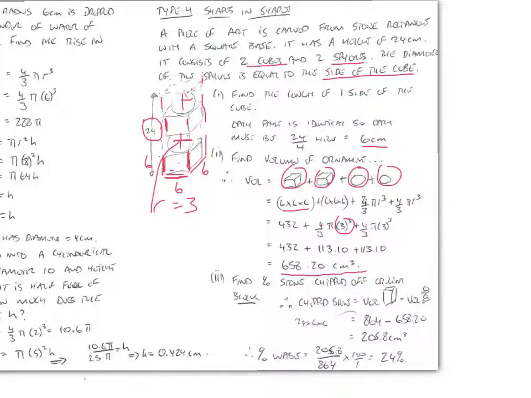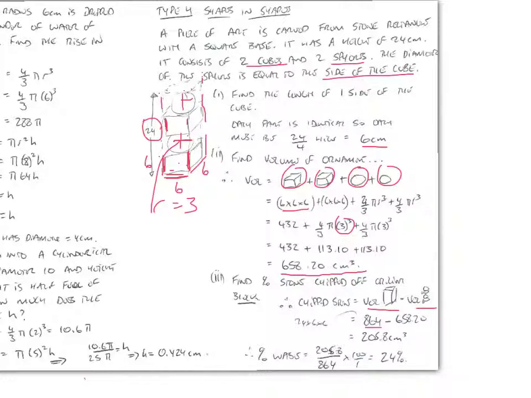And finally, we're asked to find the percentage of the stone chipped off the rectangular block, the bits of stone that hit the floor, basically. So the chipped stone amount, the stone that fell off onto the floor, is equal to the original volume of the rectangle minus the volume of the ornament.